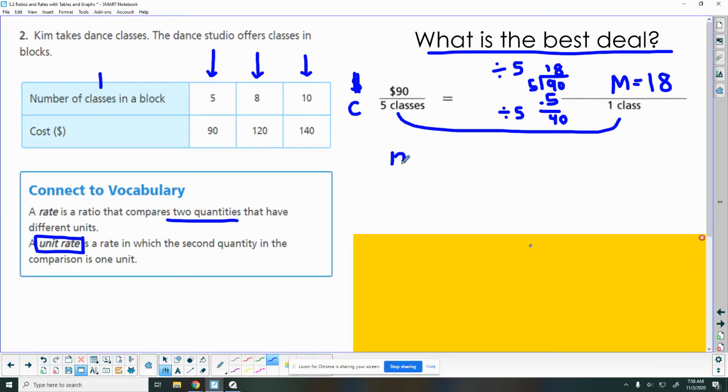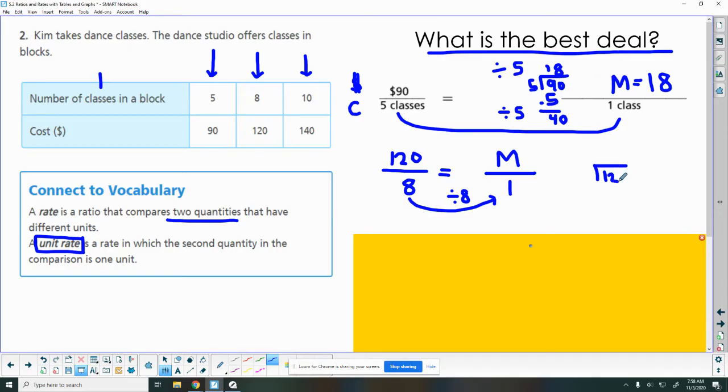So if I have $120 and I'm splitting that up into 8 groups, and we're trying to find one class here, and we're looking for the money. So to get from 8 to 1, we divided by 8, and 120 divided by 8. So go ahead and pause the video and find that.